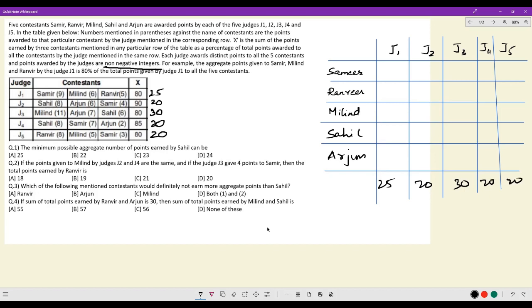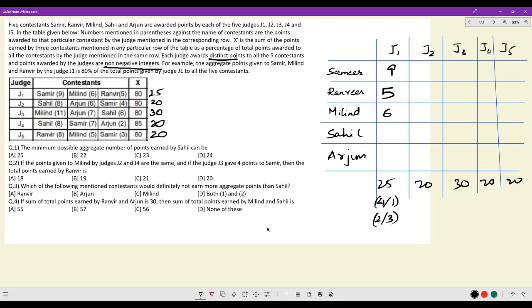And for judge 1, the marks given were 9 and 6 and 5, which means 20 marks have been given away. So these two people, Sahil and Arjun together, are supposed to get 5 more marks. We know that everyone receives distinct marks. So the remaining 5 marks can be distributed as either 4-1 or as 2 and 3.